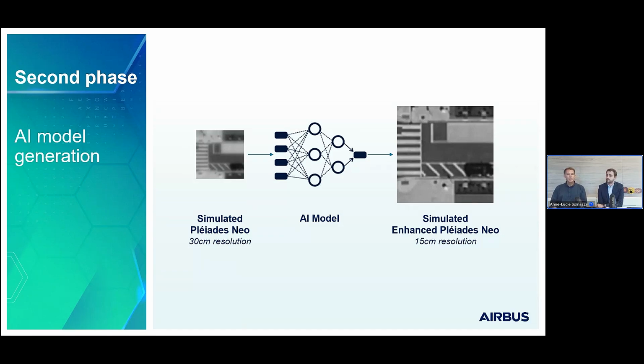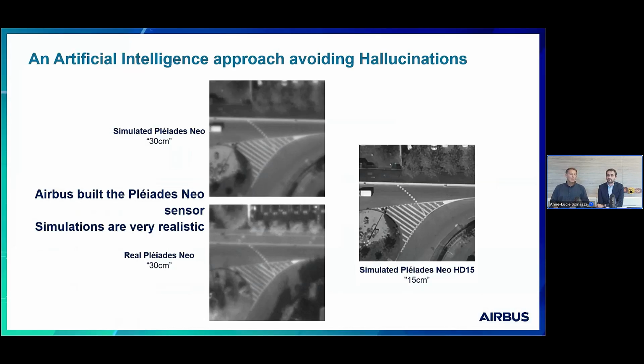So that's quite cool. Before moving to some examples, I would like to show you the important point for us: the capacity to simulate properly the Pléiades Neo image from the aerial image, because that's where the difficulty is. But we are able to do it because our colleagues from Space Systems, who developed the satellites, know exactly any specification of this sensor.